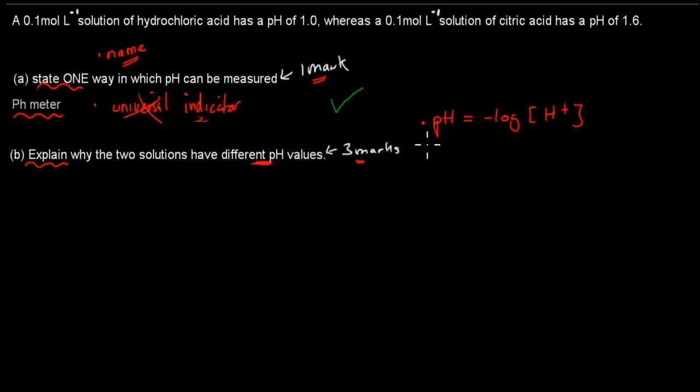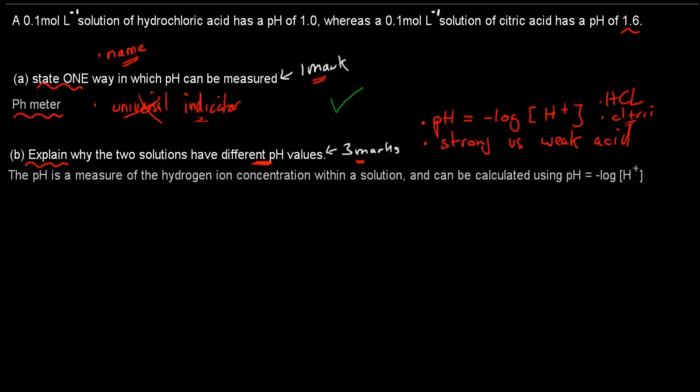Then I go into what a strong versus weak acid is, to do with the ionization. And then I say that obviously hydrochloric acid is a strong acid and citric acid is a weaker acid. Therefore, citric acid, at the same concentration, has a larger pH.